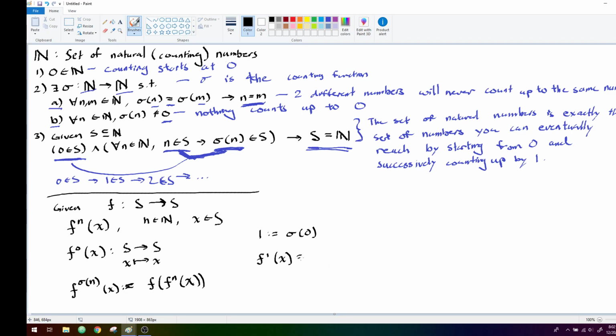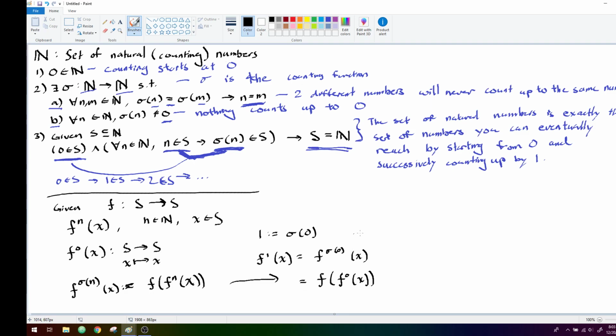Going by our definition, since 1 is the number that you get by counting up from 0, this is effectively asking us to apply f sigma 0 times to x. But that means applying f to the result of applying f 0 times to x.